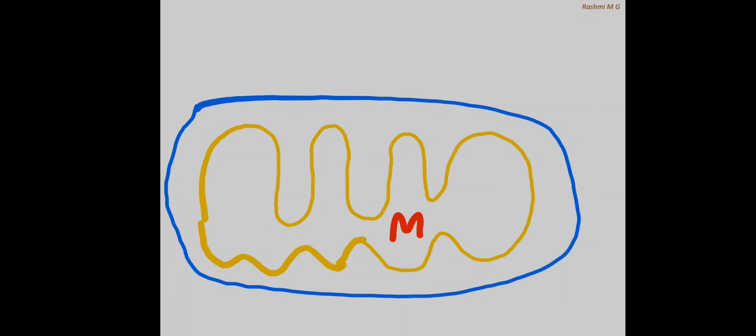This is the matrix, this is the inner membrane, this is the outer membrane. The space between the outer membrane and inner membrane is the intermembrane space.